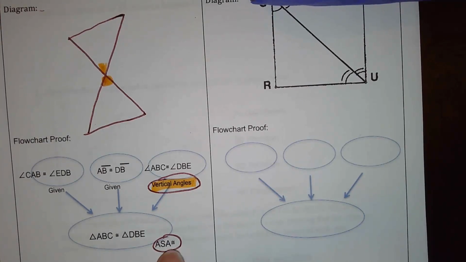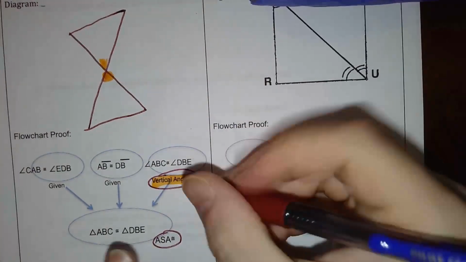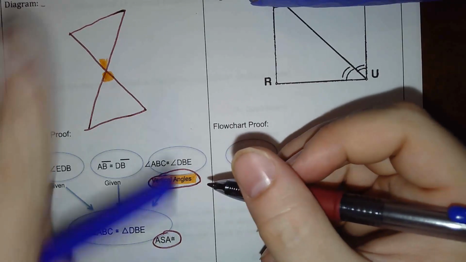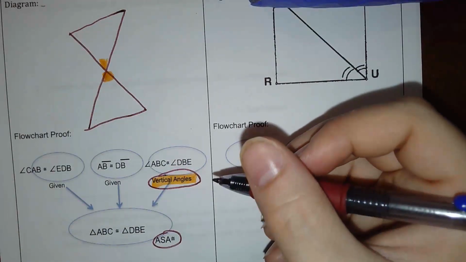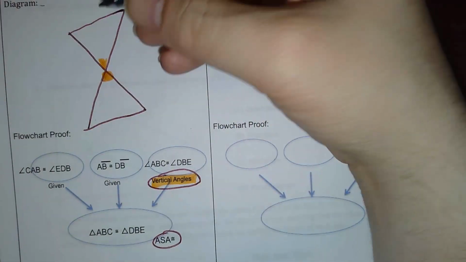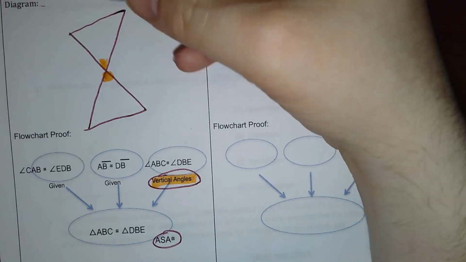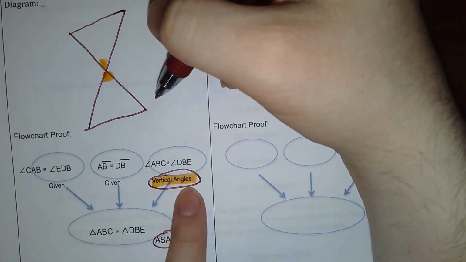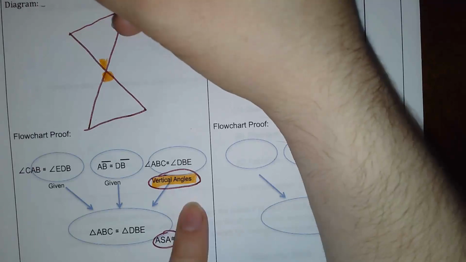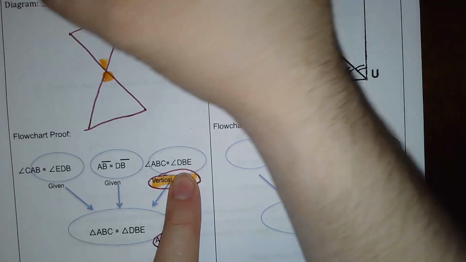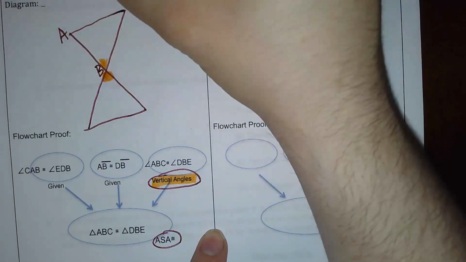Angle side angle is very important because if I don't have angle side angle, the diagram won't match the proof. So I'm going to try to add letters now based on what's given to me. So it does say ABC, DBE. I'll go ahead and write A, B, C.